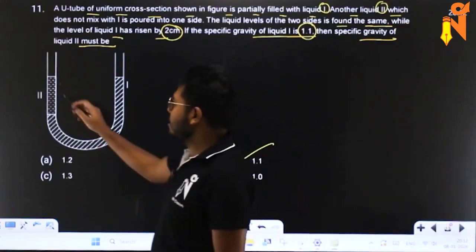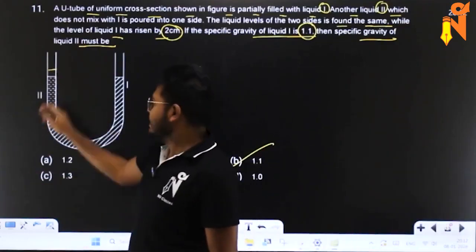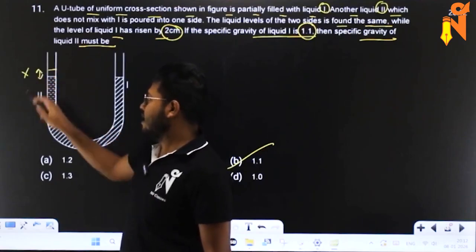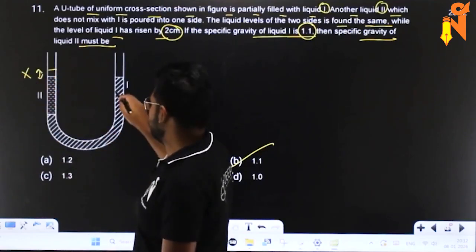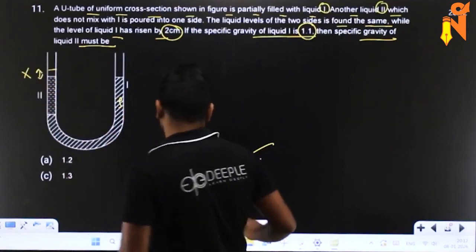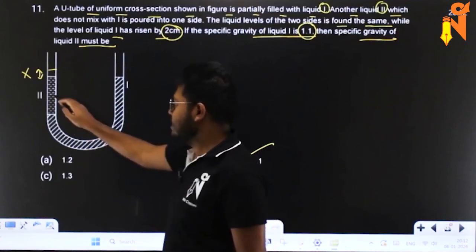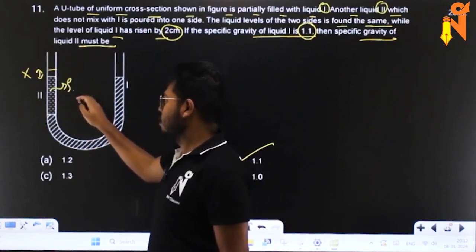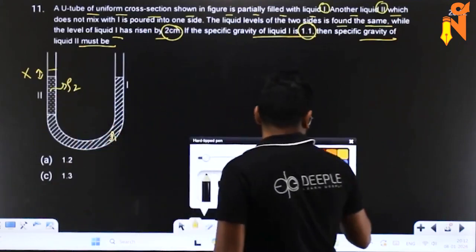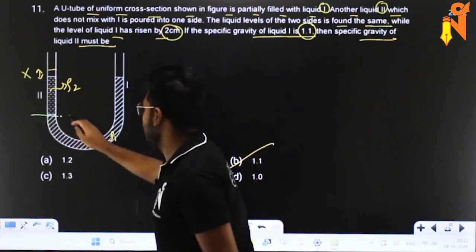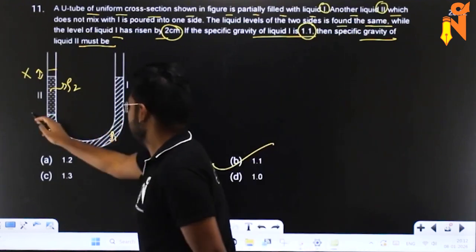Here, if there were some difference in height, say this is x extra, here the density is rho 1, here the density is rho 1, and this density is rho 2. How to solve this type of system is that you draw a line from here.